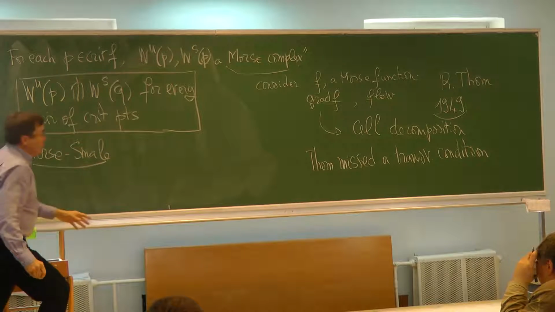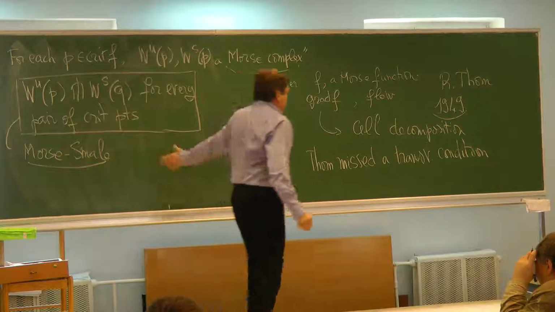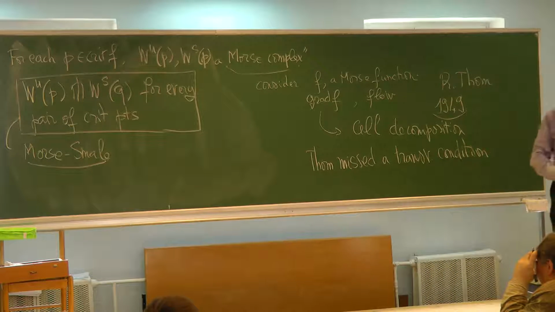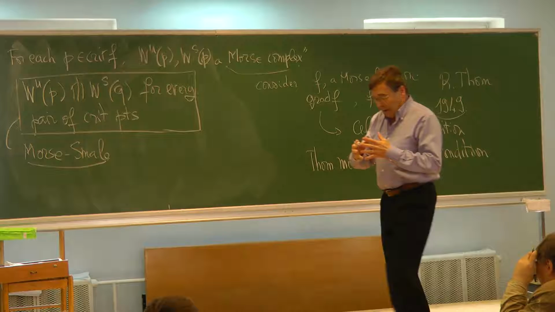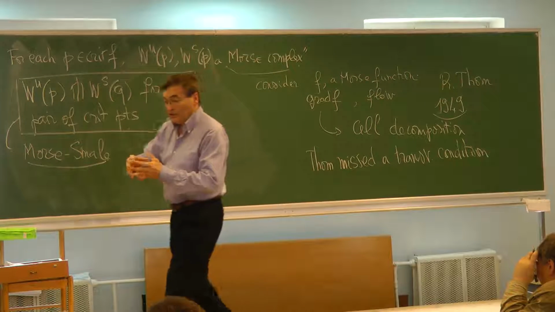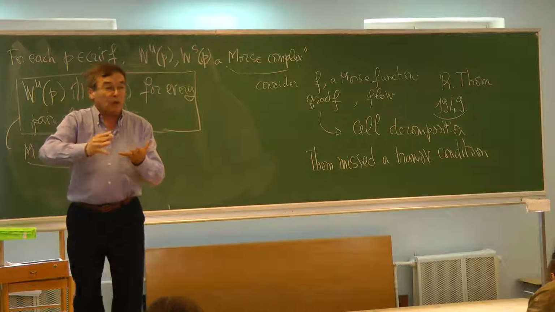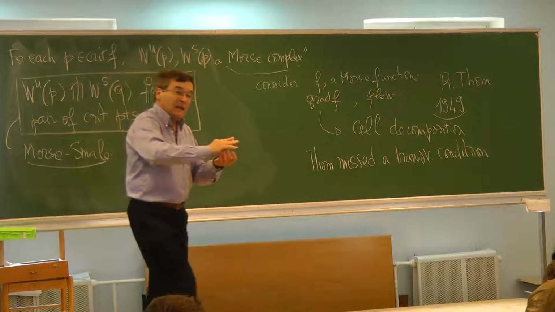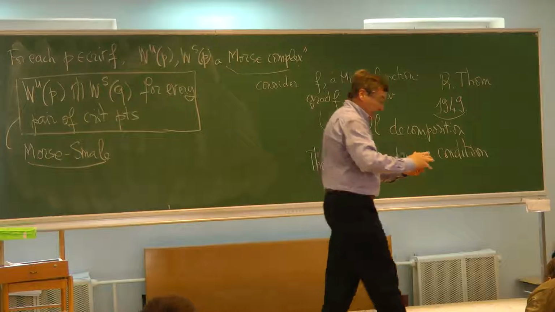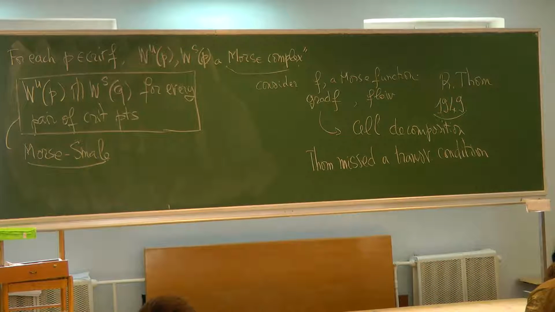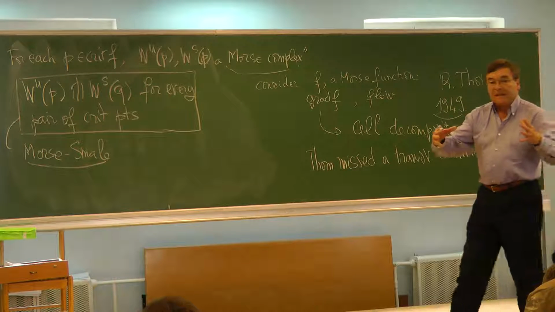So this condition was not considered by Thom, and as a consequence, the cells, of which there is one cell for each critical point, the dimension of the cell being the index of the critical point, are open cells, and the closure of these cells is not controlled.